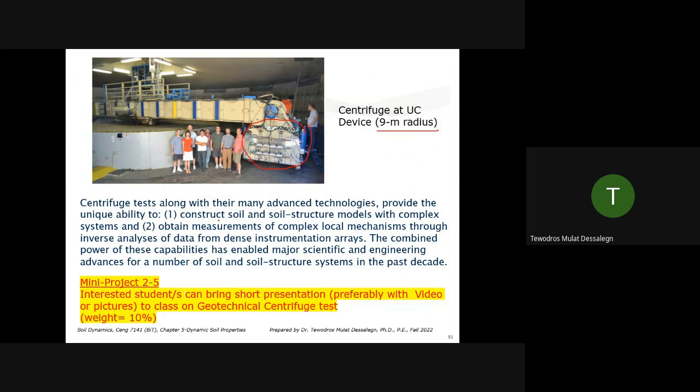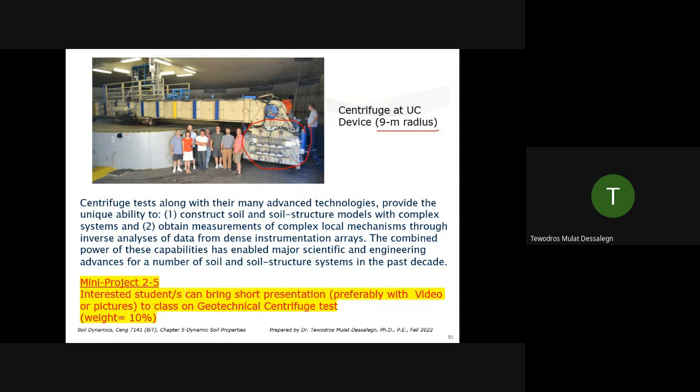Europe may have more. In the US, at least 5 should be there. There is a weight of 10% for this mini project. Take it seriously, try to understand it, and you'll go deeper if you get an opportunity in the future. Right now, it's just to show you that something like this already exists, so you may get PhD or research opportunities to work on this equipment.